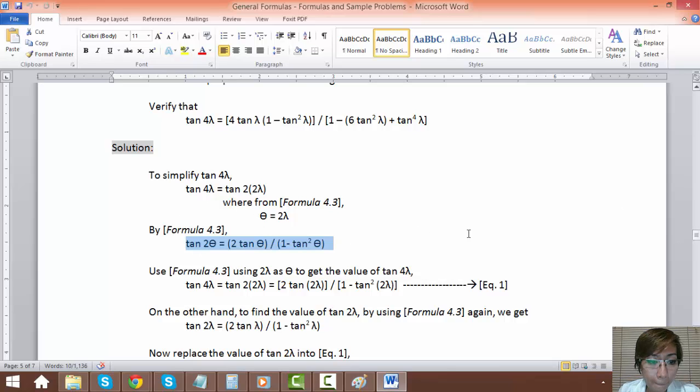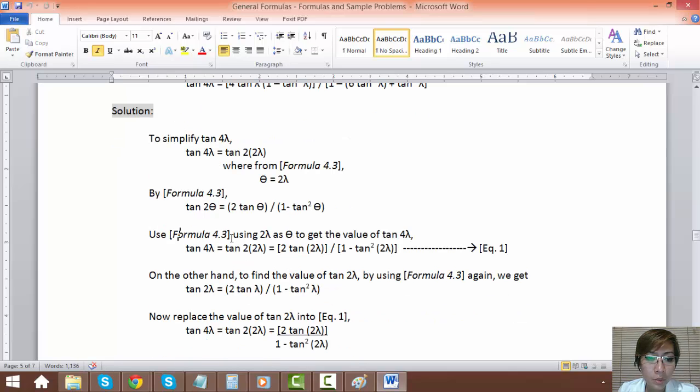And now, if we use 2 lambda as our theta, we get the value of tangent 4 lambda, which is equal to tangent 2 times 2 lambda, equal now to 2 times 2 tangent lambda over 1 minus tangent squared 2 lambda. We're going to label that one as equation 1.